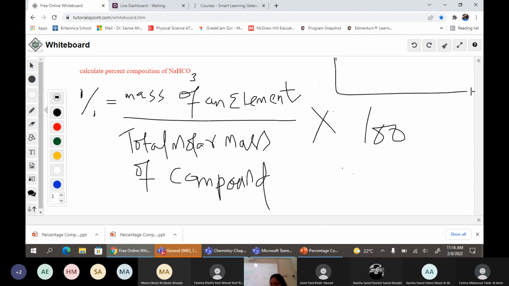27. Yes, Fatma, 27. What is the molar mass you calculated for NaHCO3? That is for sodium. What is the total mass you put down?